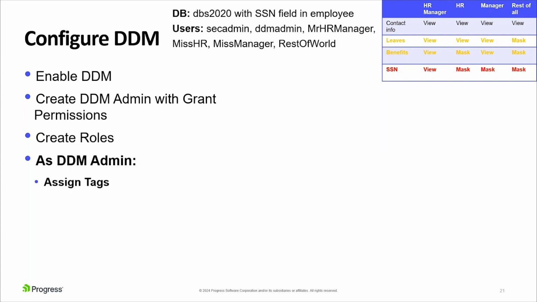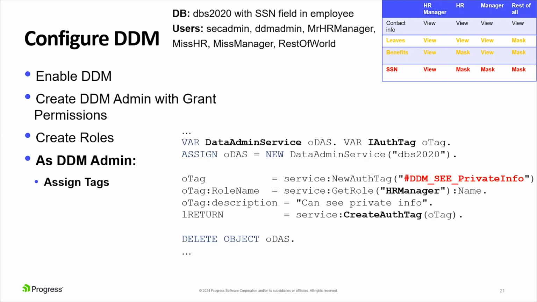Now the next step. If you have a DDM admin in the system, the next steps are performed by the DDM admin. In this code snippet, we are assigning a DDM C private info tag to our HR manager role.